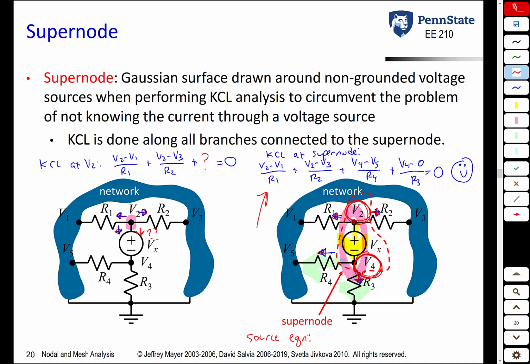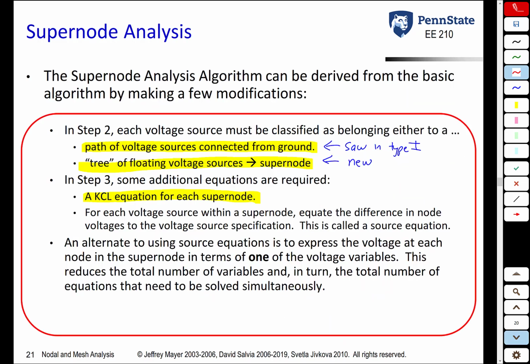So in this case, the source equation is what? V2 minus V4 is whatever this value Vx is going to be. So this is the second added thing in this algorithm: you have to write a source equation for every supernode voltage source.